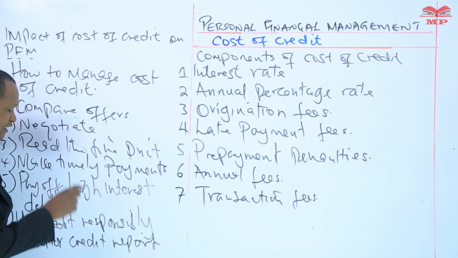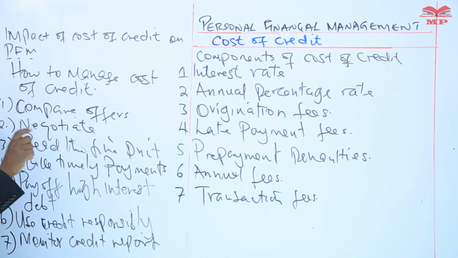In case of any errors, make sure that the errors are corrected. And you can only tell if there are errors if you regularly review a credit report. Then take necessary steps to correct the errors. You understand, candidates?